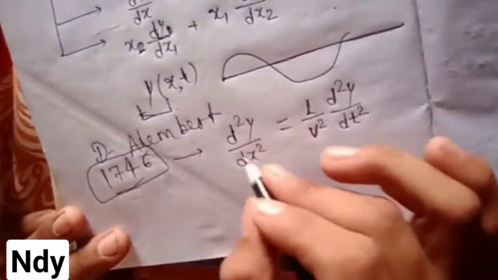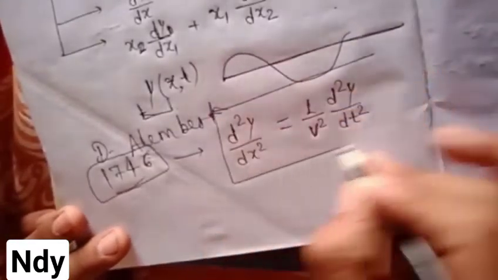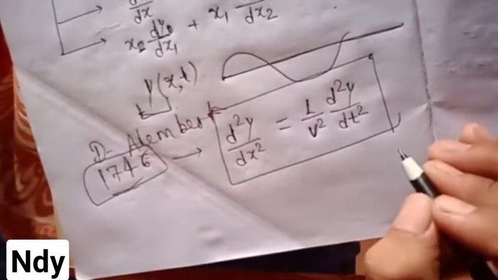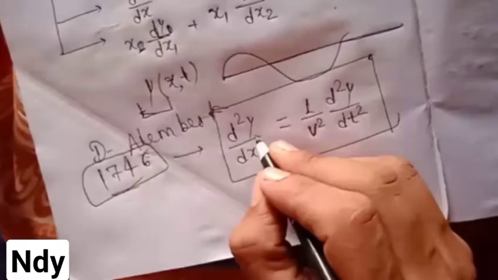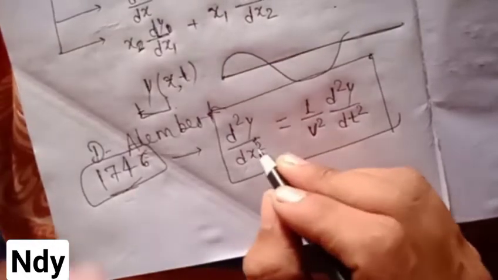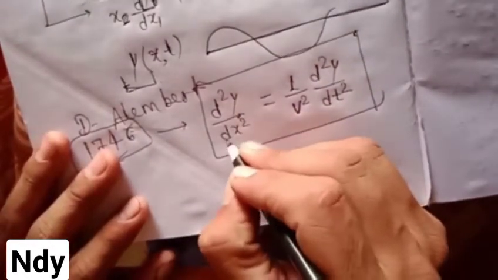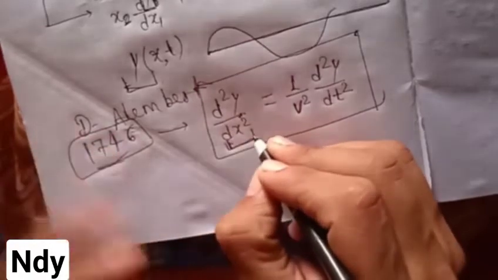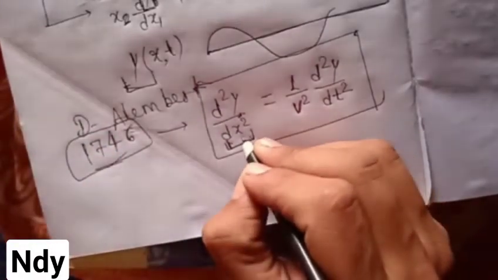How can you remember this? You can use dimensional analysis. On this side, the dimension is the inverse of position squared.